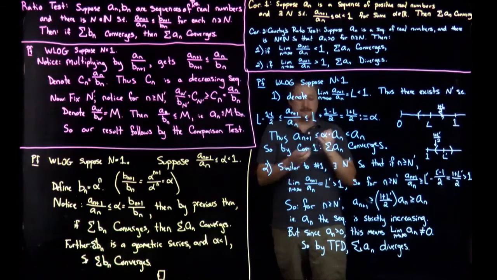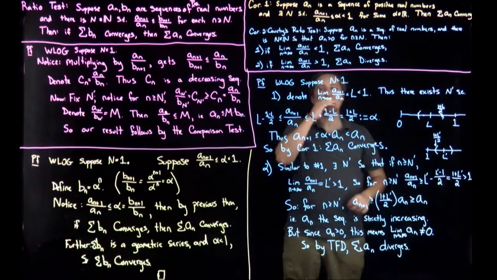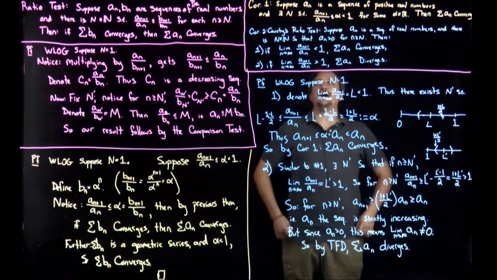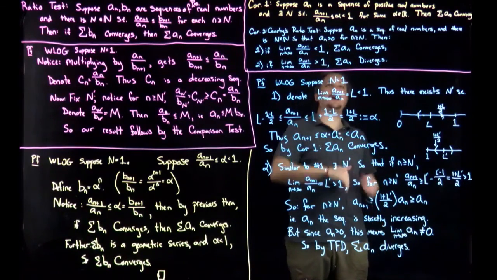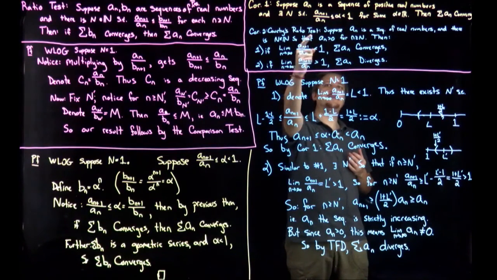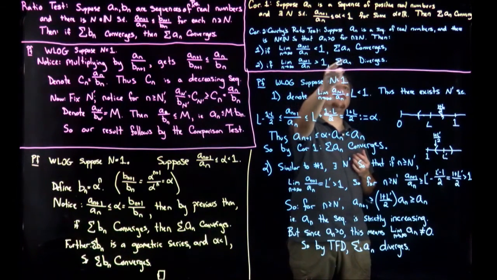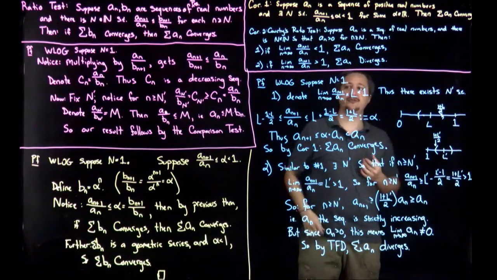Right, so let me sort of go back through this last one real quick. So I had two different claims. I had a_n that was eventually strictly positive. And the claim was if I took the limit of the ratio, if I got strictly less than 1, it converged. Strictly greater than 1, it diverges.